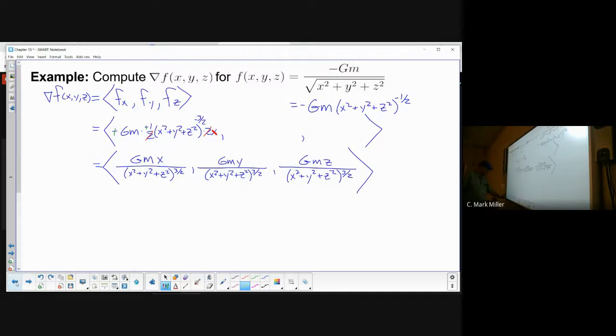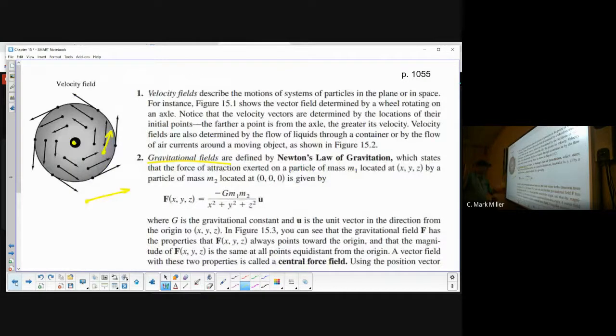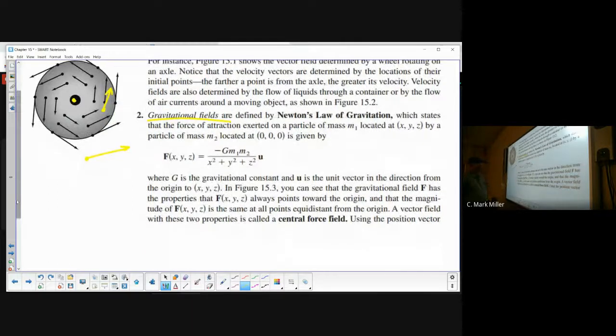Now, if you go back up here, this is the magnitude squared of what? That's the magnitude squared of what? Well, they don't tell you what R is here. Well, R would have to be xi plus yj plus zk.